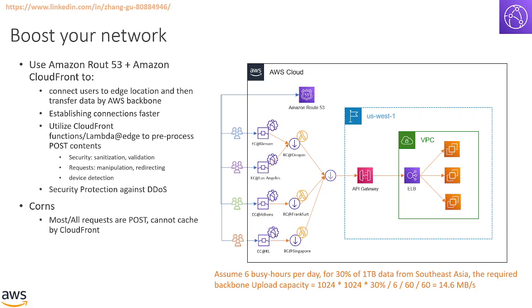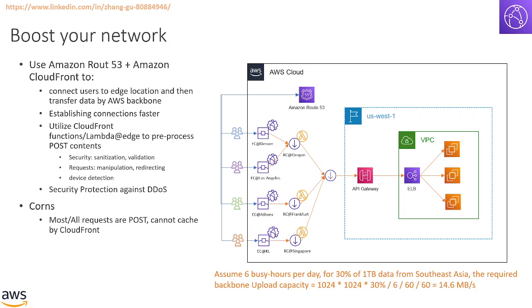And then connection establishment between apps and edges is also much faster than that between apps and the servers in California through the public internet. Amazon CloudFront also provides the CloudFront function and the Lambda at Edge services to process your requests locally. So in many cases, it can directly respond to your dynamic requests from the edge.